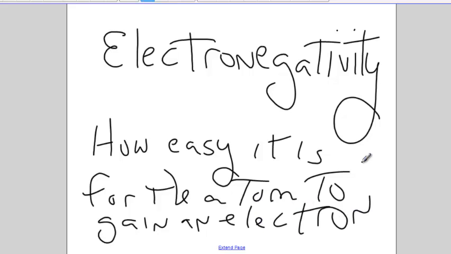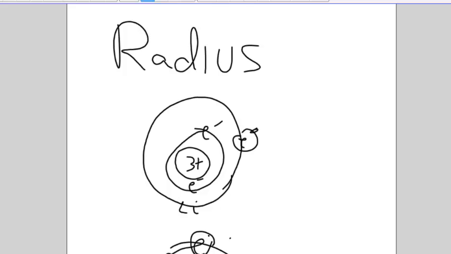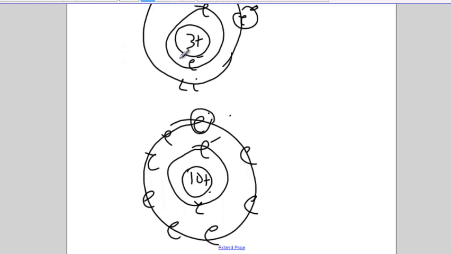All right, now let's think about that. Once again, this all goes back to radius. So if we think about across, as we go from lithium to neon, we've got this electron on the outside, which is going to be attracted to one or the other. It's going to be much easier for this electron to head this way because of a stronger positive nucleus and also a smaller radius, so that this electron on the outside can feel that positive much more because of that smaller radius.